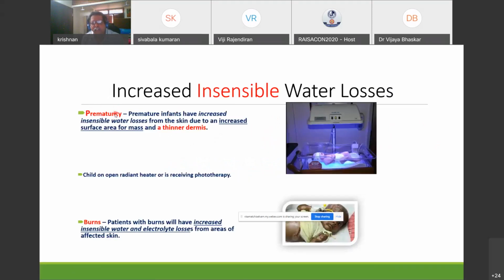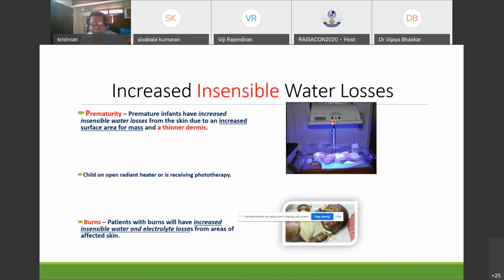One is prematurity. In premature children, the dermis is very thin, so there is an increased surface area. If you allow the baby to be exposed to a warmer or hotter condition, there is increased insensible water loss. So for these babies, you may have to increase your calculation for maintenance fluid.